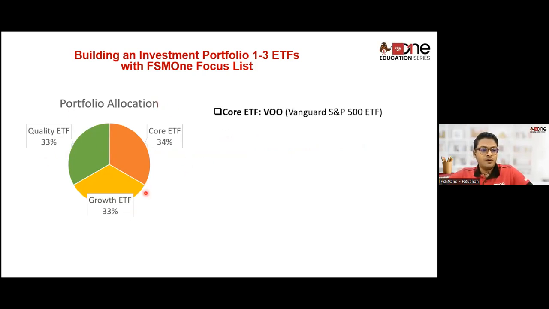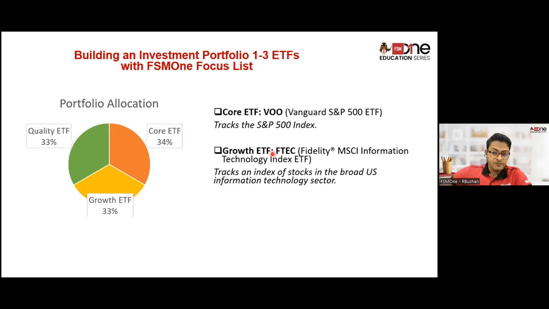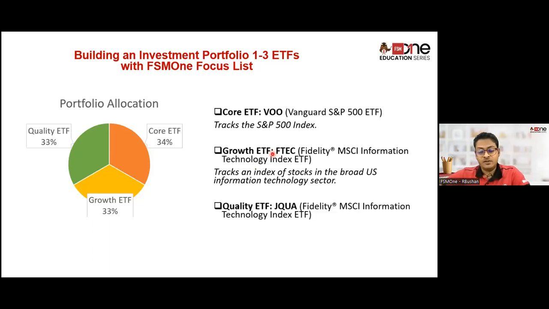For core, I'm using VOO, which tracks the S&P 500 index. For growth is FTEC, which tracks the broad US information technology. So this is not just the software companies, but it's across all IT tech sectors.